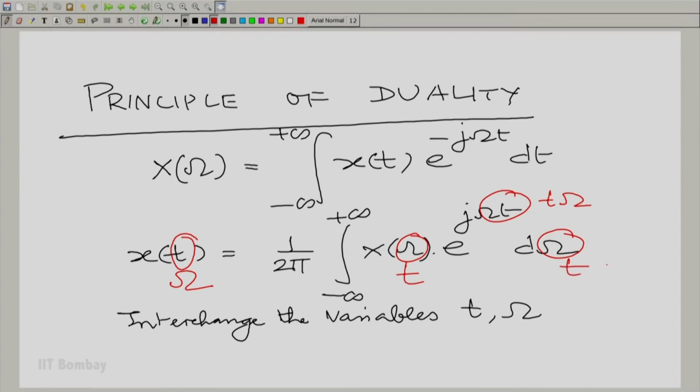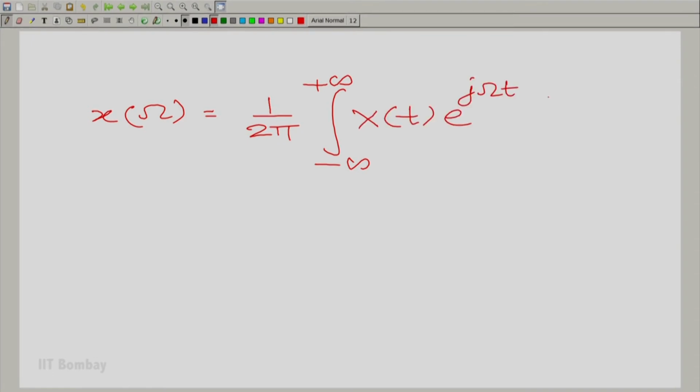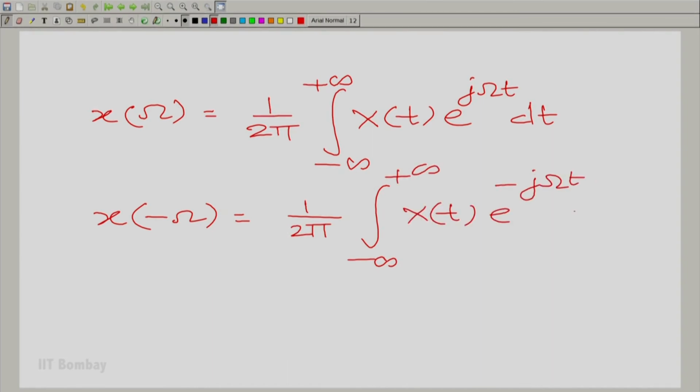So, essentially what I would have is an expression: small x(ω) is 1 by 2π integral from minus to plus infinity of capital X(t) e^(jωt) dt again. And now I could simply write x(−ω) instead of x(ω), make that little change in the integral. A very interesting integral.